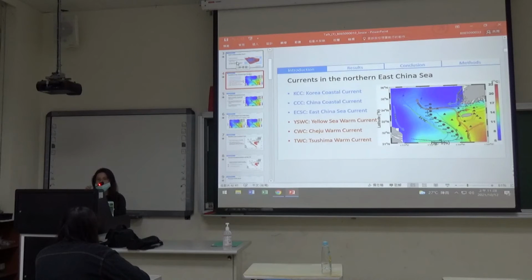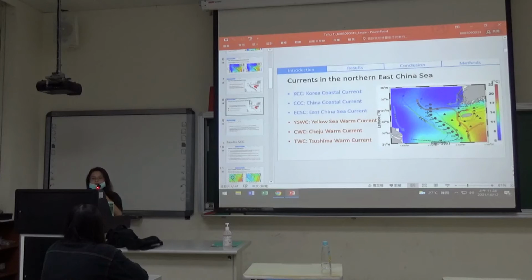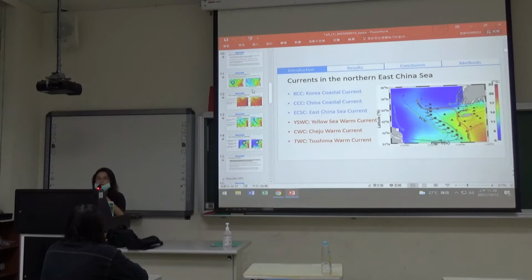Kelvin. Do those circulations correspond to seasons, or does it just happen all the time? You mean whether the near-bottom circulation is throughout the year or is seasonal?